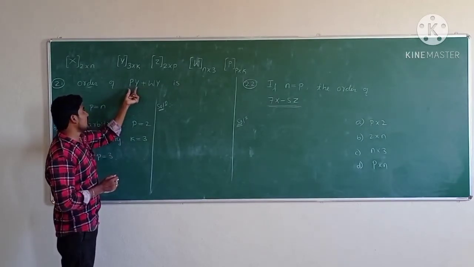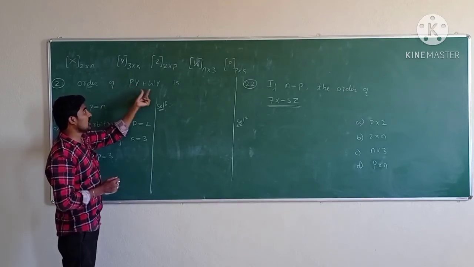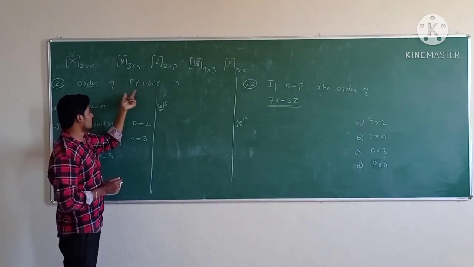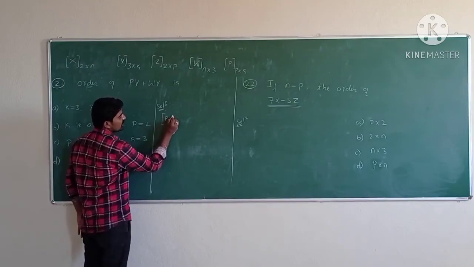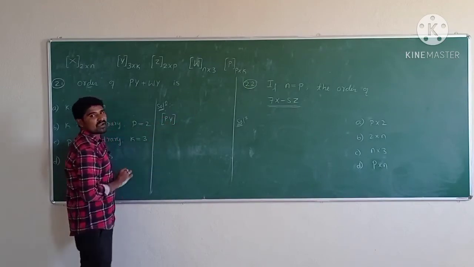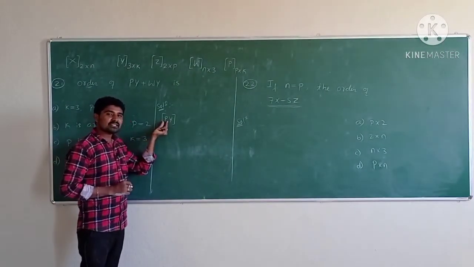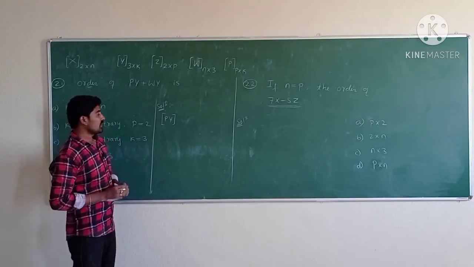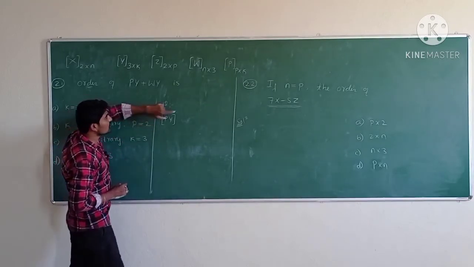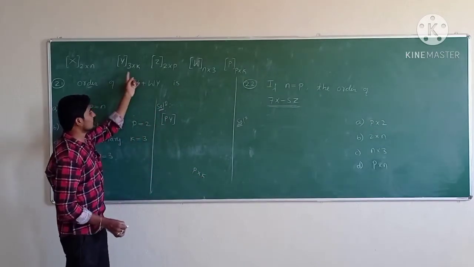To find the matrix PY plus WY, first we need to find the matrices PY and WY. The matrix PY is defined only when the number of columns in the matrix P is equal to the number of rows in the matrix Y. Here the order of the matrix P is p cross p, and the order of the matrix Y is 3 cross k.